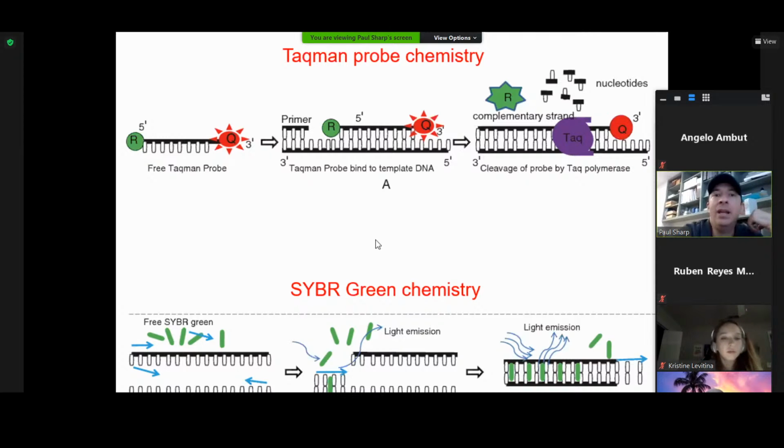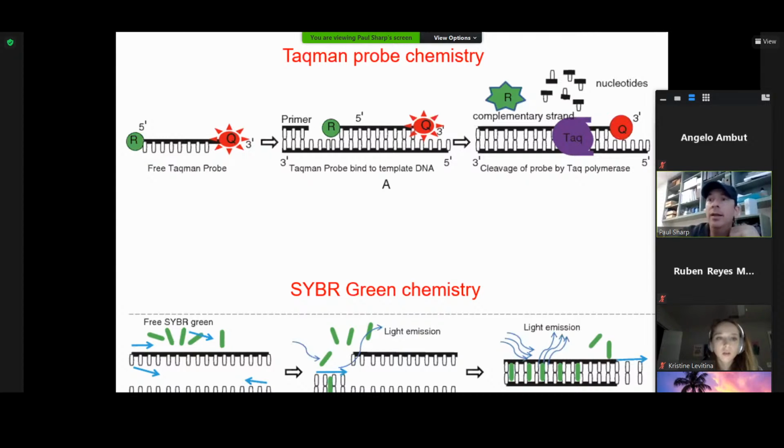Whereas on the other hand, even if you do have some degree of mispriming, or your primers are binding somewhere else to maybe another cDNA, it doesn't matter. The reason it doesn't matter is because your probe is specific for your particular gene of interest.